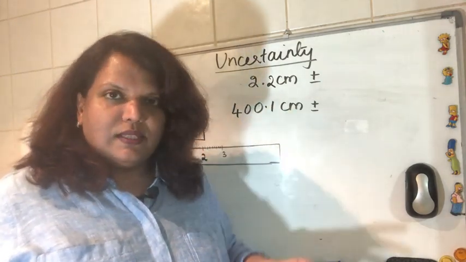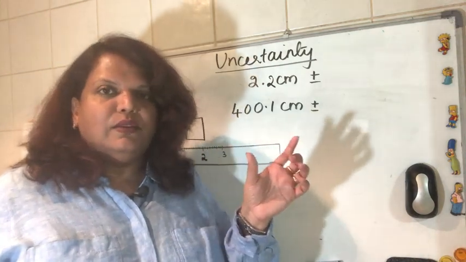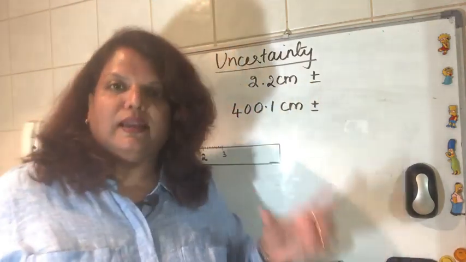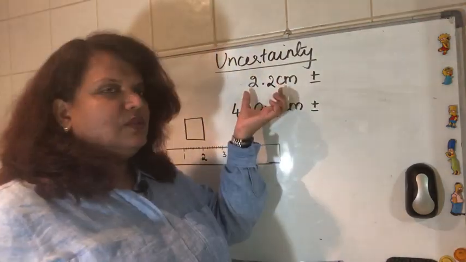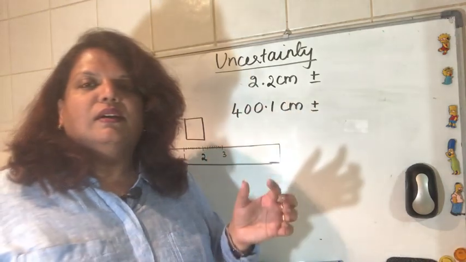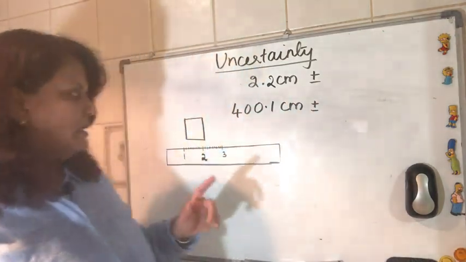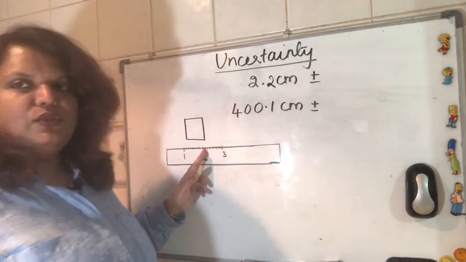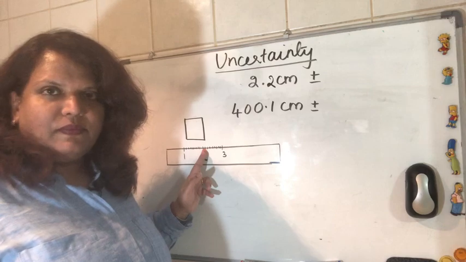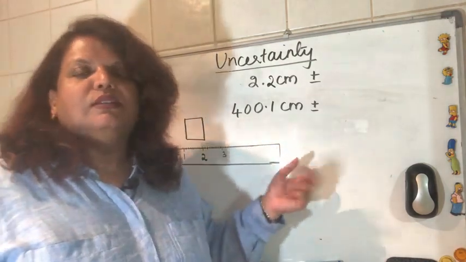Now, keeping all this in mind, what would be the range of values within which this 2.2 could lie? I repeat, what range could this 2.2 represent? You might understand it better. See, when I say 2.2, it could be from 2.1, just about 2.1 also. One student might think, oh, it is closer to 2.2.